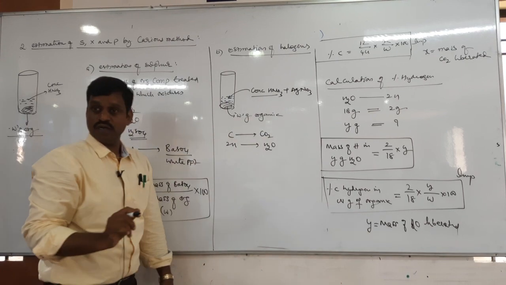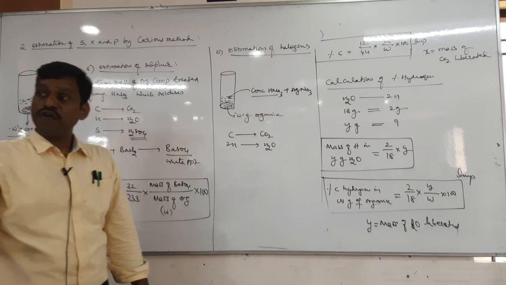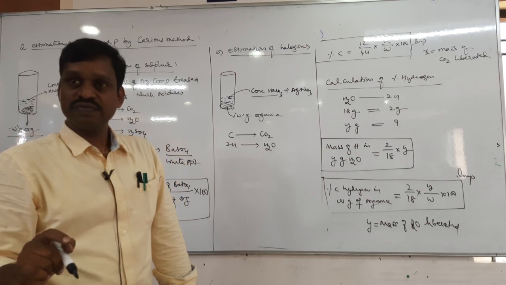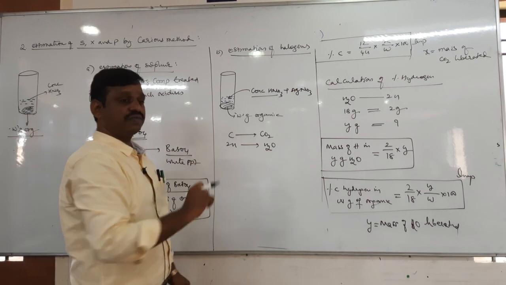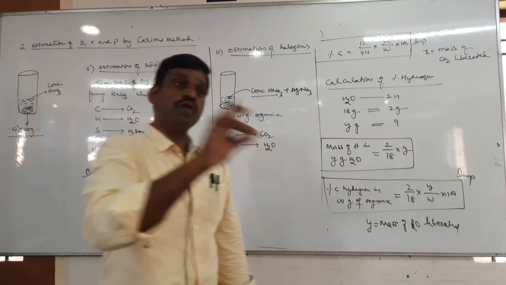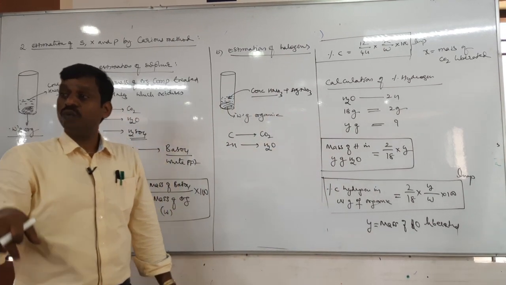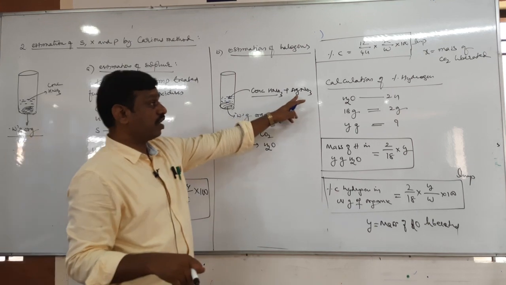This is as usual. But if organic compound contains halogen, it is converted into corresponding silver halides. Why? We are adding AgNO3.